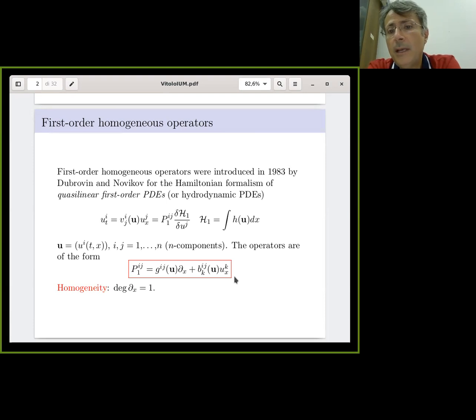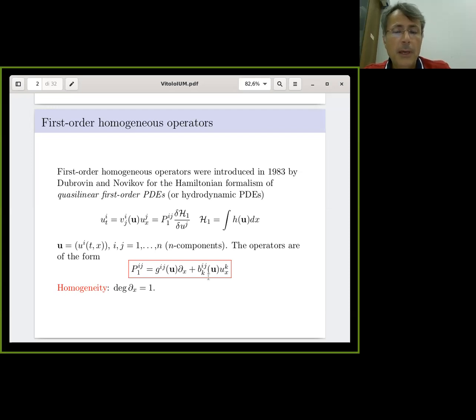The homogeneity degree coincides also with the order of the operator. So you have d_x and then you have u_x. This bit is of order 0, but it is of degree 1. An operator of this type is homogeneous only in the sense of x derivatives, but it is not homogeneous in the sense that it has the same number of derivatives in every sum, as you can see.